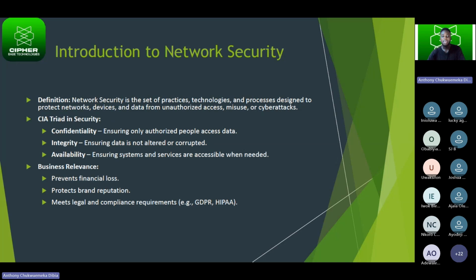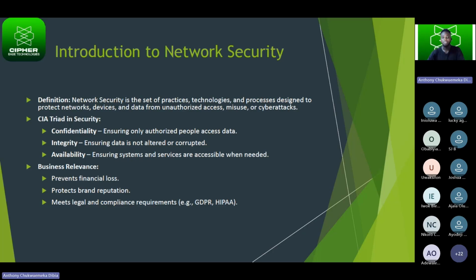So now we have the CIA triad of security: confidentiality, integrity, and availability. I think I explained this once before. That is, as cybersecurity personnel, you need to understand your whole existence. Your whole existence has to actually do with the CIA triad, which is confidentiality.